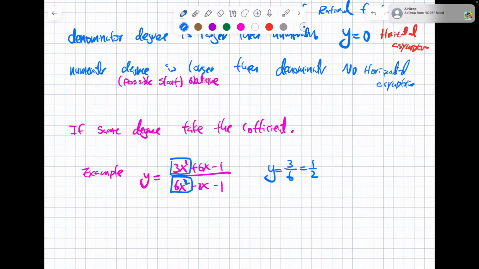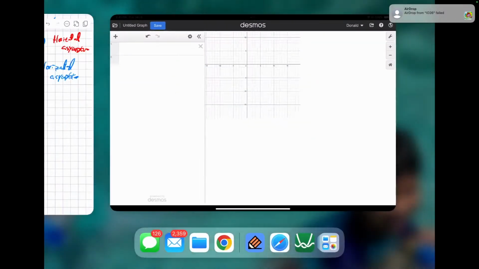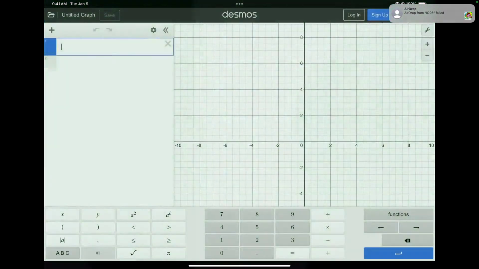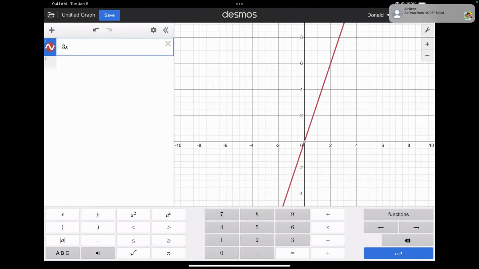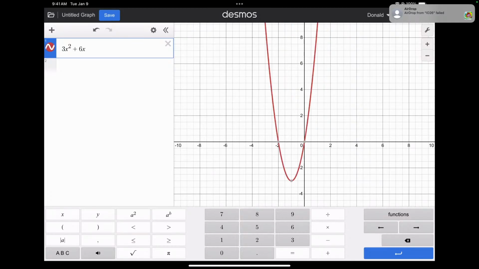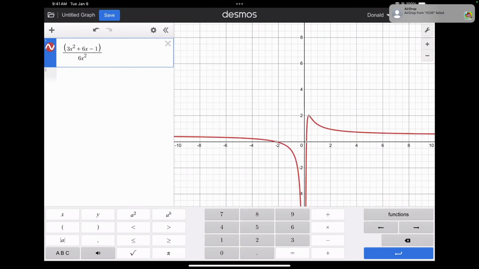We're going to check if it's true. Can somebody tell me the equation? Give me a second, let me retype it. 3x squared minus 1, divided by 6x squared minus 2x minus 1? Let me check.